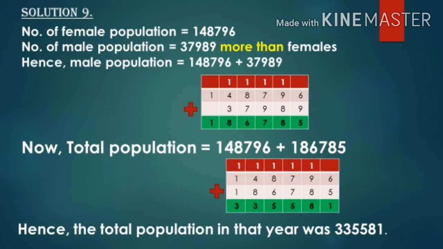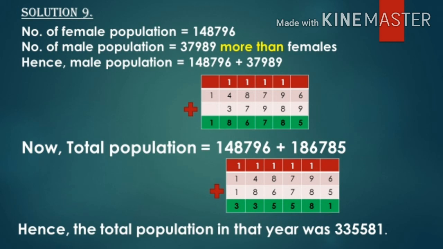It is given, first question was what was the male population. So the male population is 1,86,785. Now you have to find the total population. Children, to find the total population, you will add the number of females and the number of males. Now, number of females are 1,48,796 and the number of males are 1,86,785.